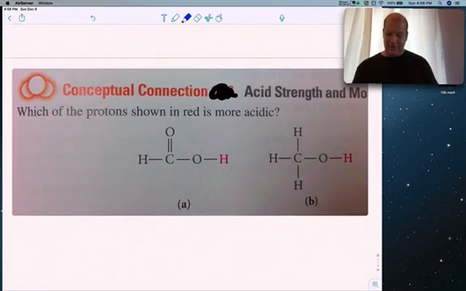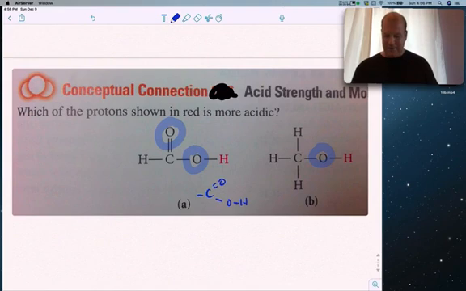So which one of the protons is more acidic? This one here has one oxygen. This one here has two oxygens attached close by. And A is a stronger acid. This C double bond O, OH group is known as the carboxylic acid group. So this is a carboxylic acid.